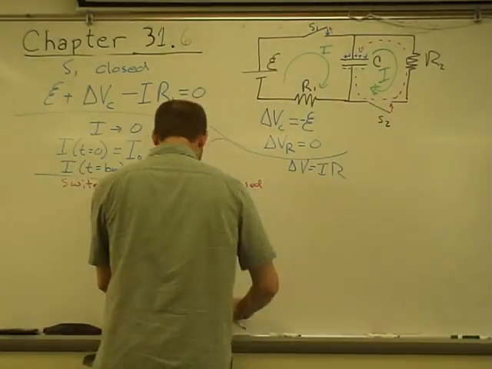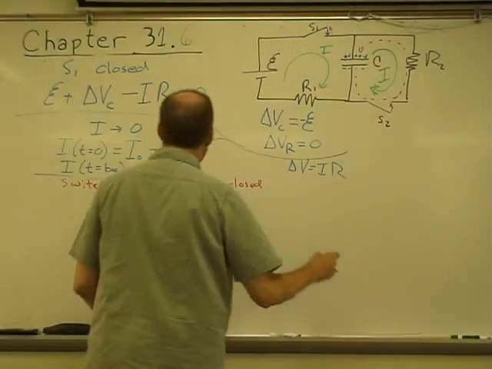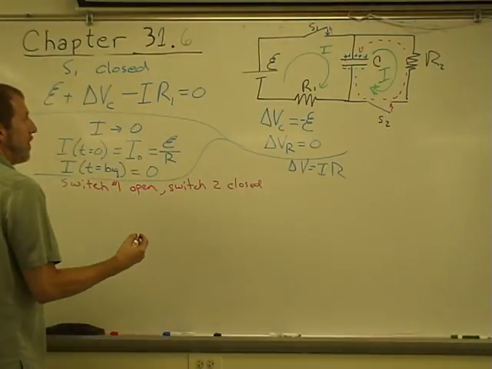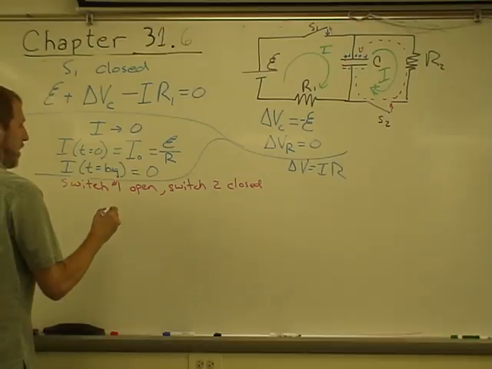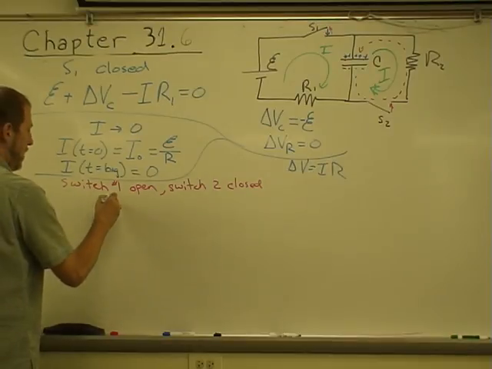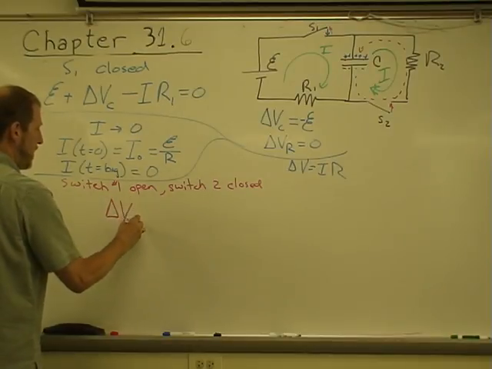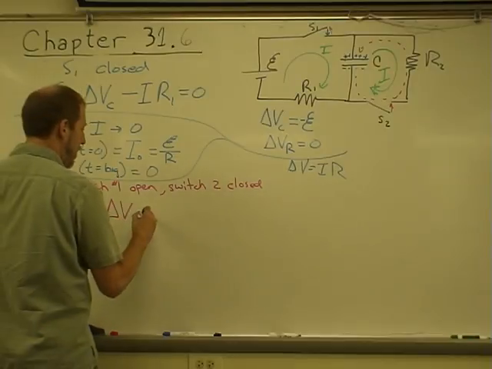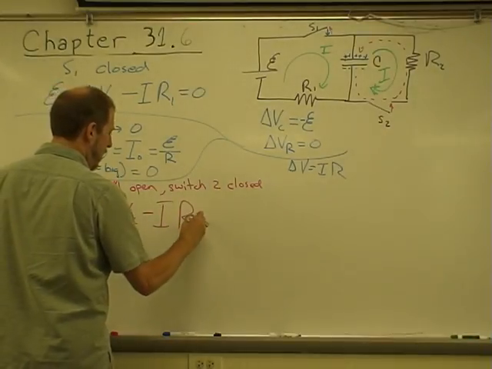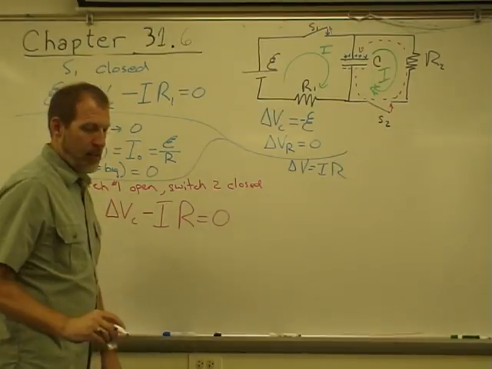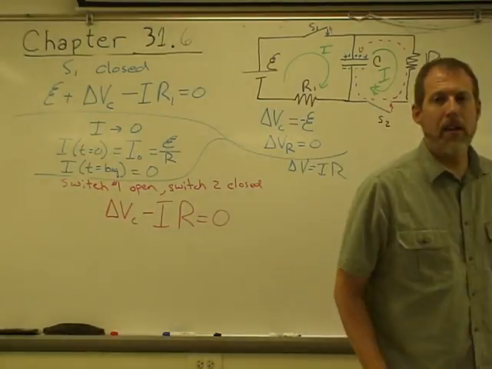If I take a loop equation over that case, then I've got the change in potential over the capacitor minus the current times the resistance equal to 0.